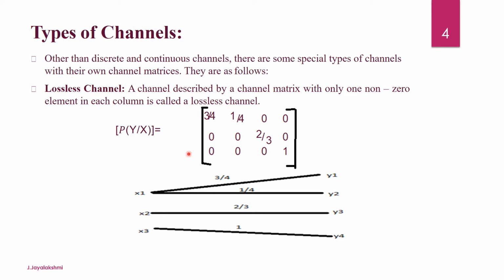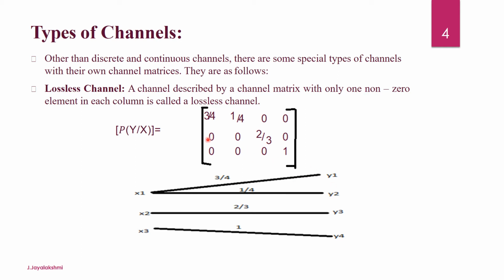Here x1, x2 and x3 form the rows, and y1, y2, y3 and y4 form the columns. So x1 transmitted and y1 received is 3/4, and x1, y2 is 1/4. Since x1 is transmitted, y3 and y4 are not going to be received, so these elements are 0 and 0.